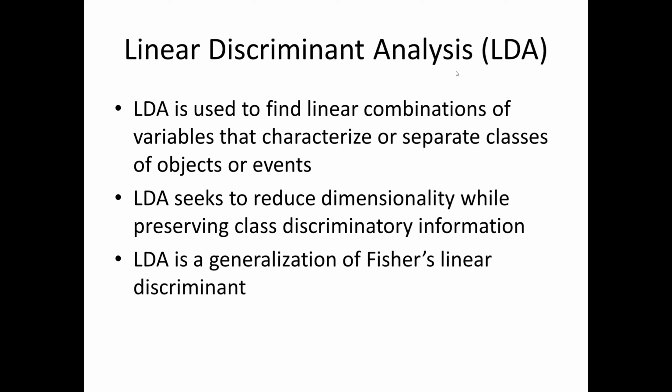When we do classification, we're trying to separate clusters or groups of things by their category or their classification. This linear combination can be used for either a linear classifier or for dimensionality reduction.